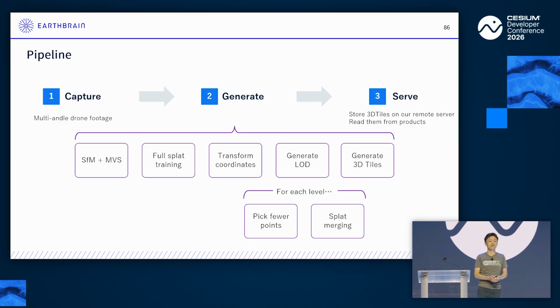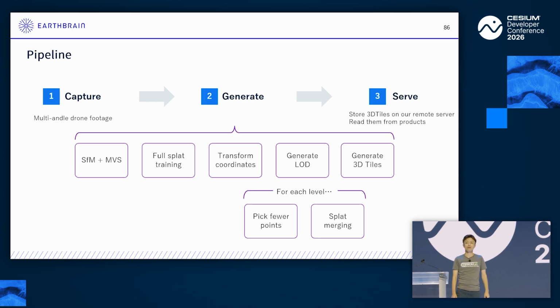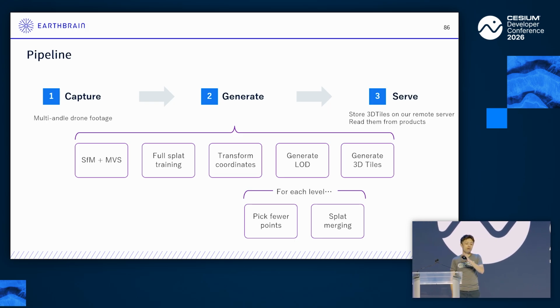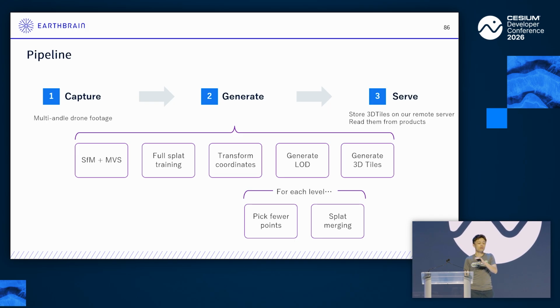Finally, we can generate 3D tiles. After that, we can upload them to our remote server, and we can show the 3D Gaussian splatting rendering in our product.